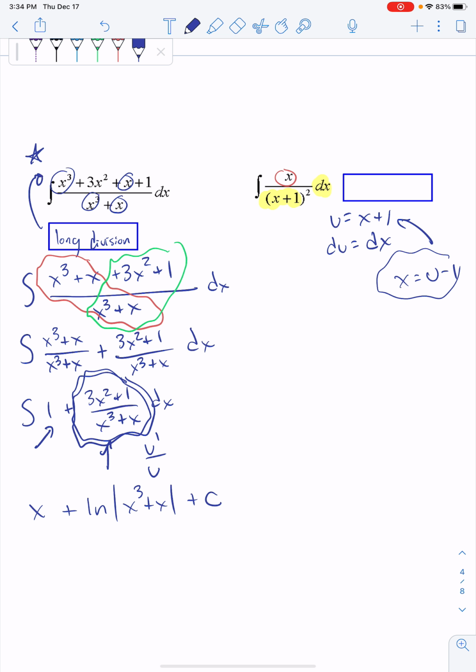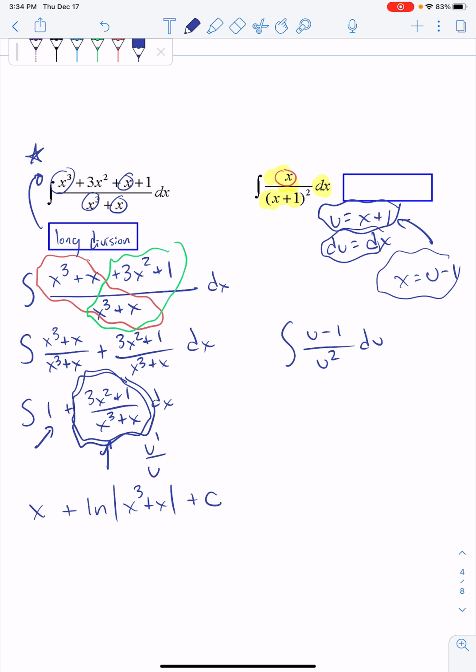I can plug all of these things in and replace everything in the original problem. So the x gets replaced with u minus 1, and I replace the bottom with u squared, and I end up with a du.